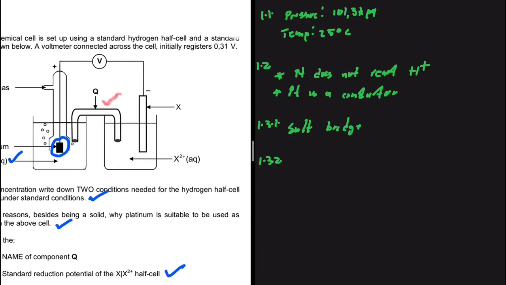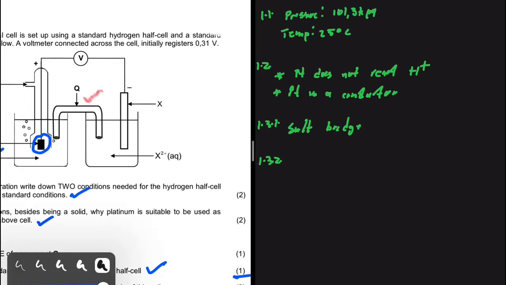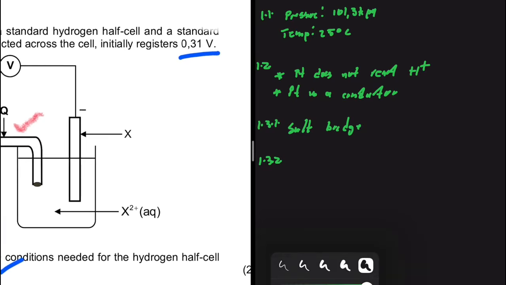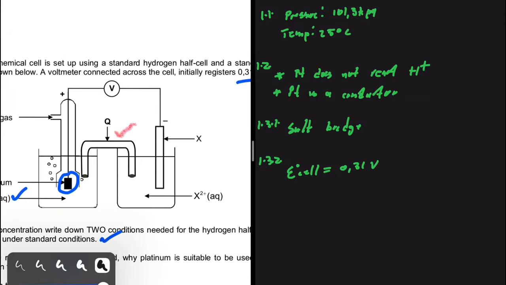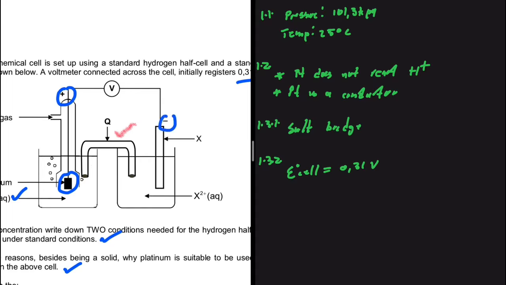Let's look at the information we have. We are told that the initial EMF that is registered is 0.31 volts. So the EMF of our cell initially is 0.31 volts. Right, now let's look at our setup. This is the positive electrode and this is the negative. In a galvanic cell, the positive is the cathode and the negative is the anode.